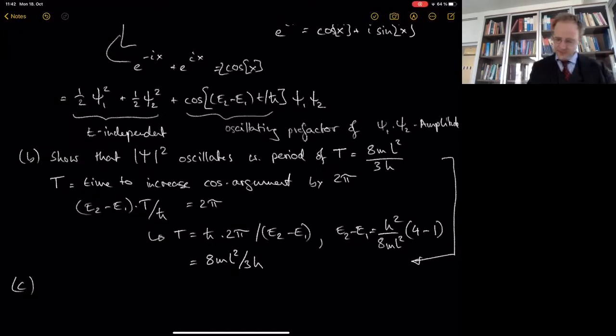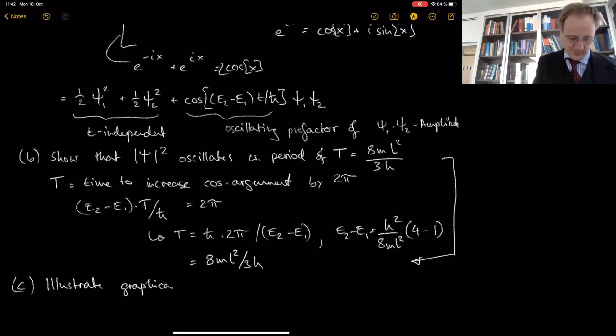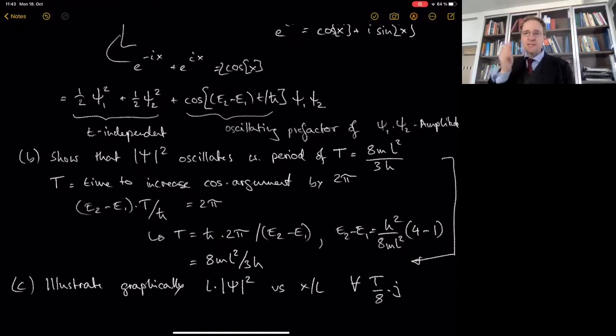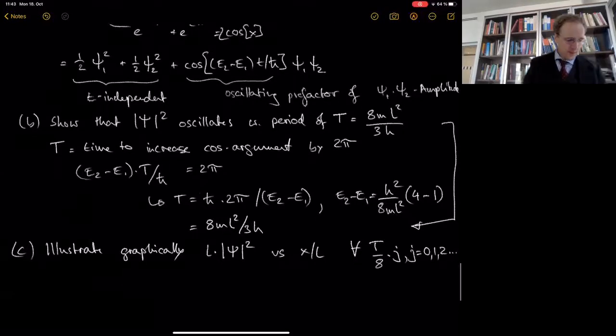So we can illustrate graphically L times the probability density versus x over L, and we want to do this for all times j times the period divided by 8, so some grid spacing in time. We are basically gridding our time now, where j can be 0, 1, 2, and so forth.